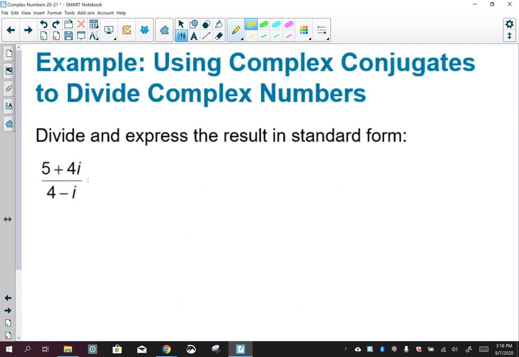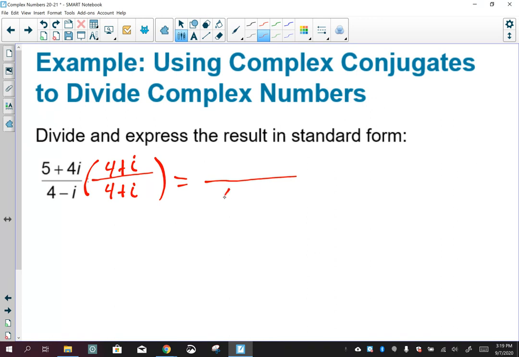If I have this piece here, I can't divide this as is. I need to multiply top and bottom by the conjugate. My bottom is 4 minus I, so I'm going to multiply top and bottom by 4 plus I. On the bottom, you're going to wind up with an actual number.